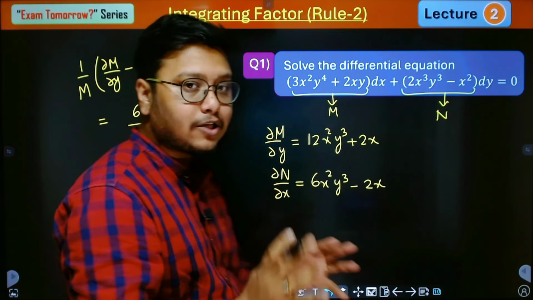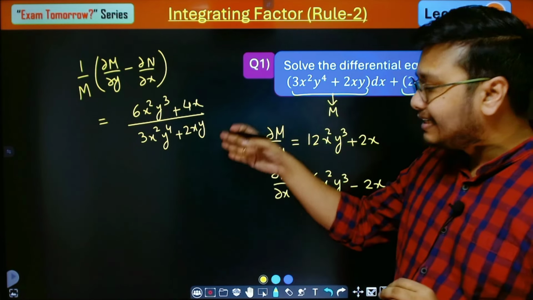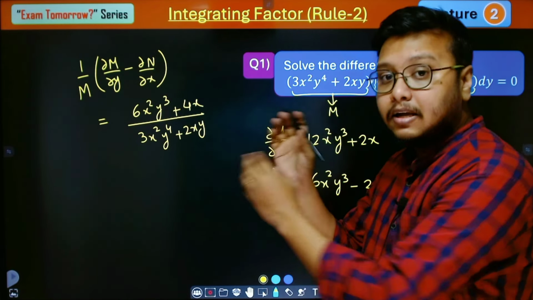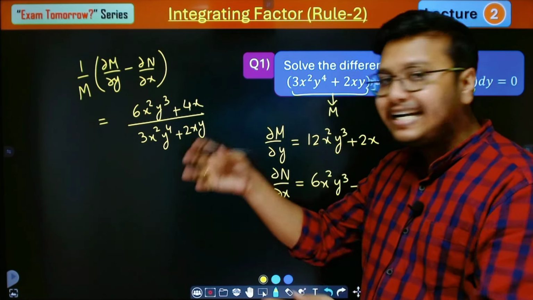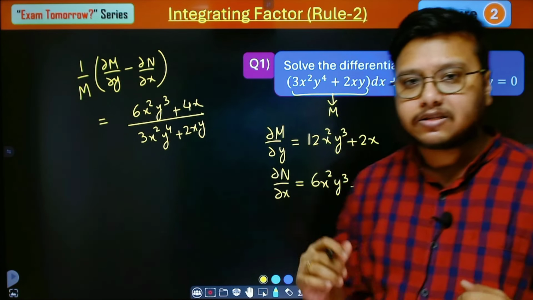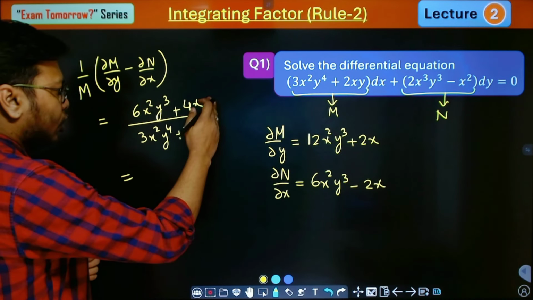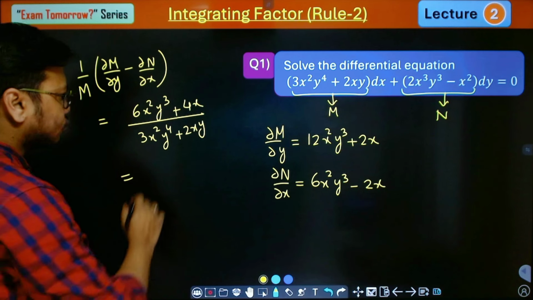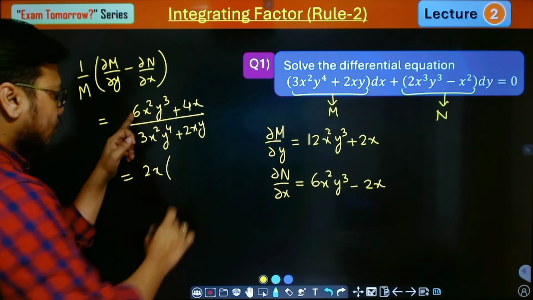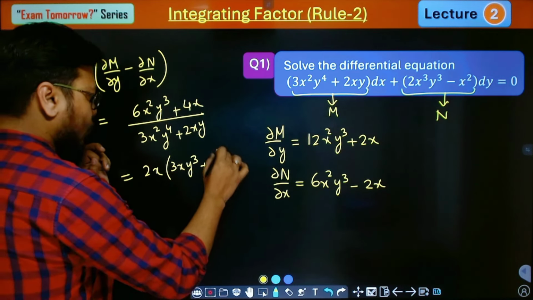Now remember, this has to be a function of y to implement the rule. But here you might sometimes see that things are not cancelling out, x is still present, but be careful. Take something common from numerator and denominator, maybe things are going to get cancelled out. So let's see, if I take 2x common from the numerator, I am going to be left with 3xy cube plus 2, right?